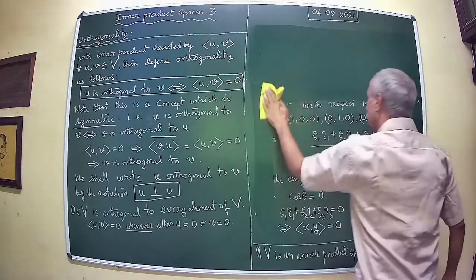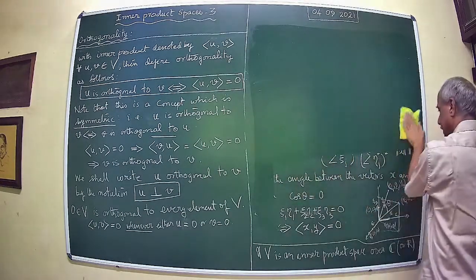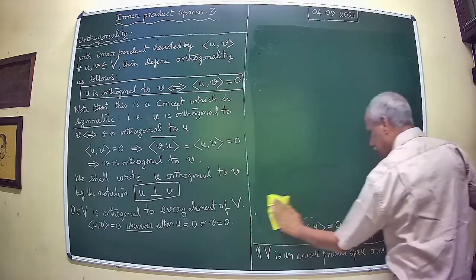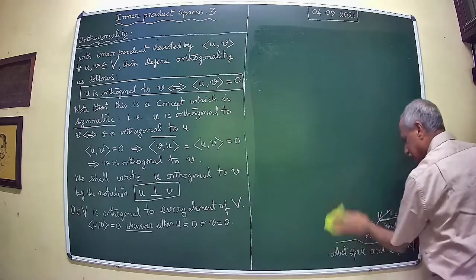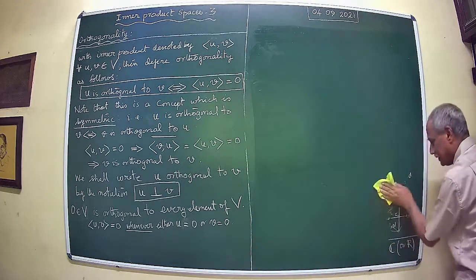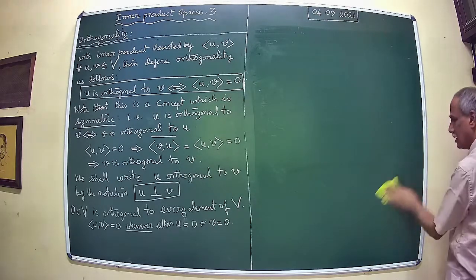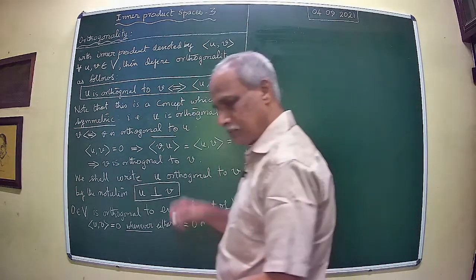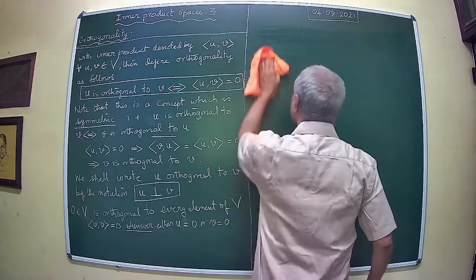We can now talk about the set of all vectors orthogonal to a given vector. Okay, it becomes interesting when the subset consists of non-zero vectors.